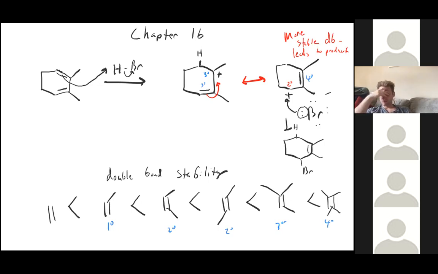So let's talk about 1,4 versus 1,2 addition, and then how to actually calculate a 1,4 addition. I'm going to take a slightly different example and walk through it slowly.